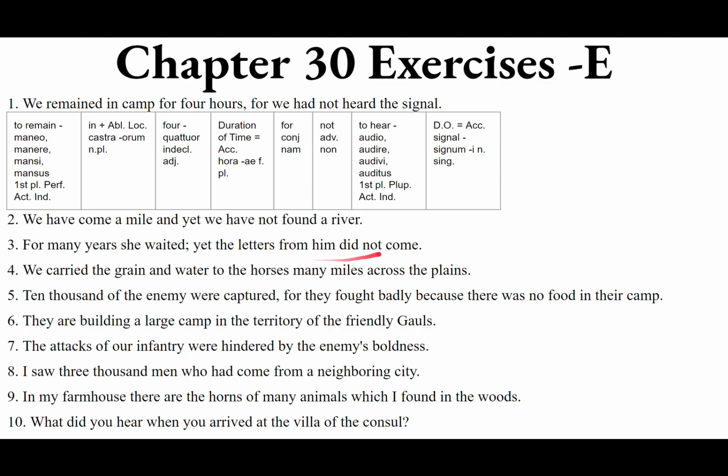We could also say they were not coming, because it was a continuous process. So non veniebant. Epistulae tamen ab eo non veniebant. Multos annos expectabat, or we could say something like annos expectabat multos. For many years she waited. Epistulae tamen ab eo non veniebant.